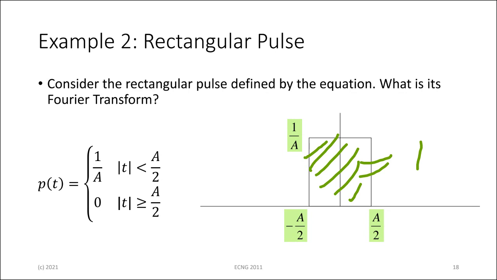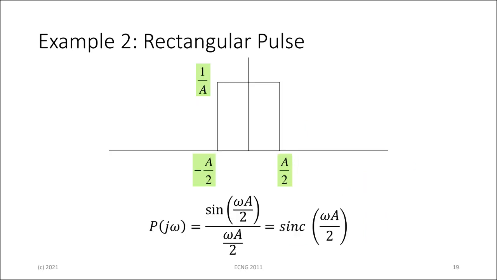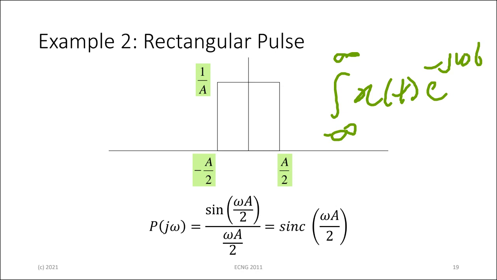So what is the Fourier transform of that? You go to the equation, which is the integral from minus infinity to infinity of x(t) e to the minus j omega t dt.